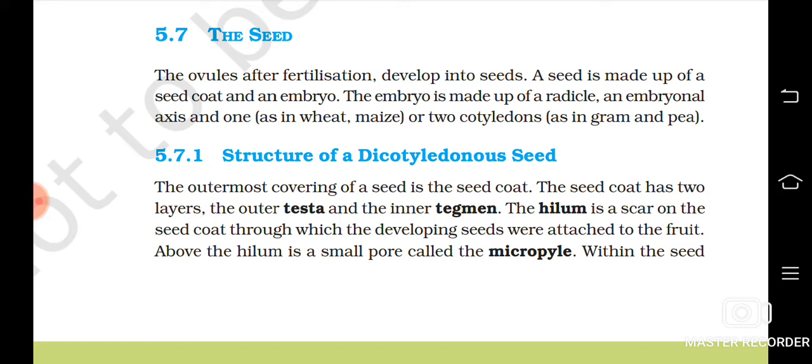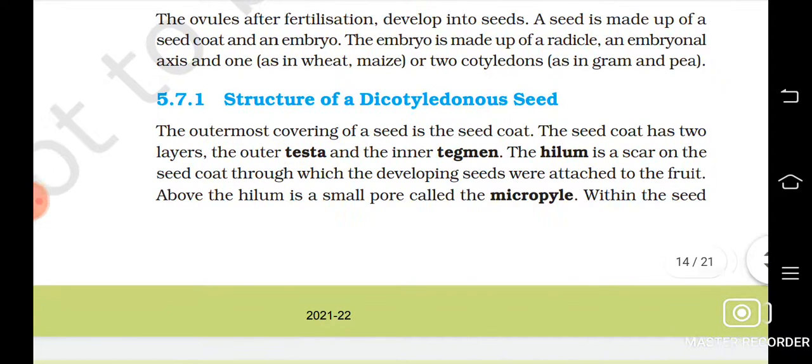What is hilum? Actually, it's a scar on the seed coat through which the developing seeds are attached to the fruit, with the help of a small structure, and that is appearing as a scar.